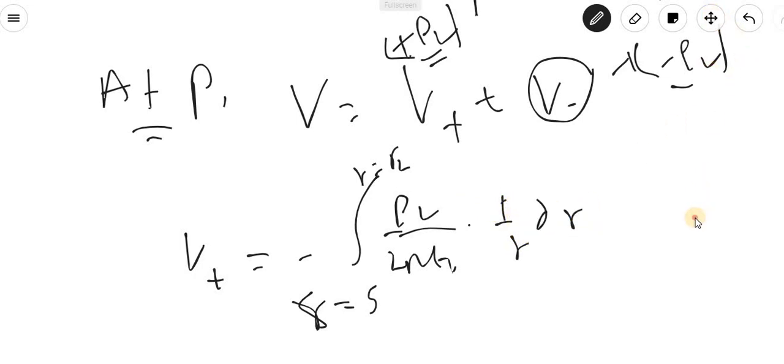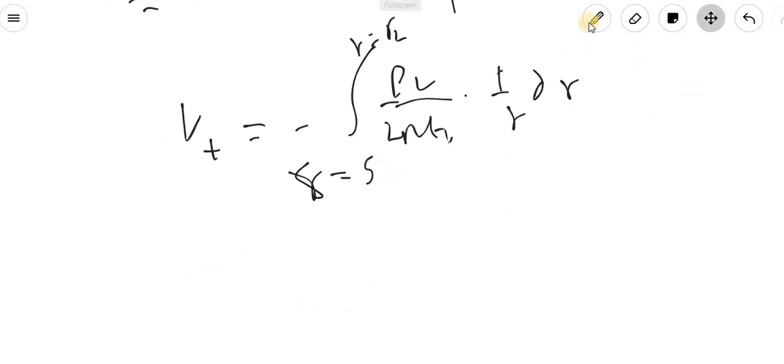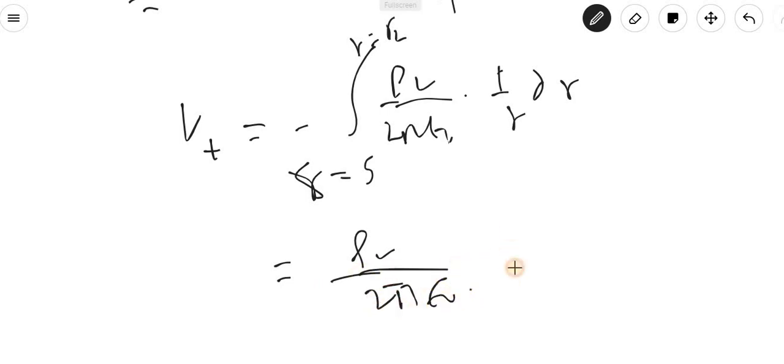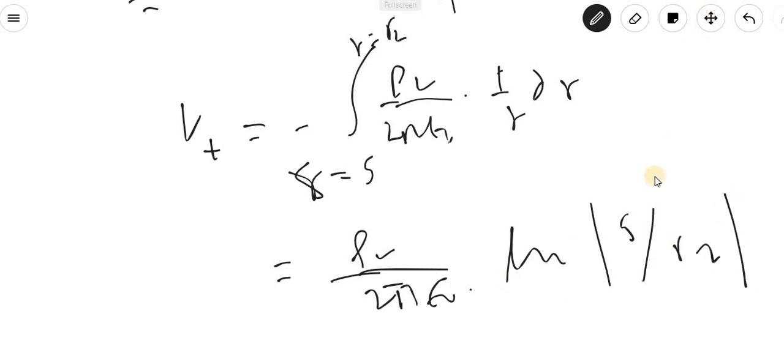These things we will be getting. So finally we will be getting rho L over 2 pi epsilon naught ln S by R2.